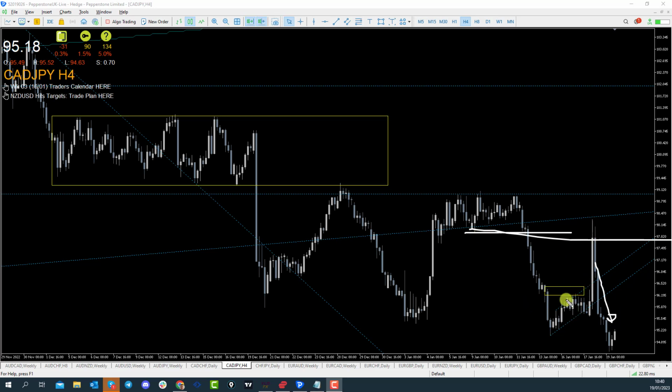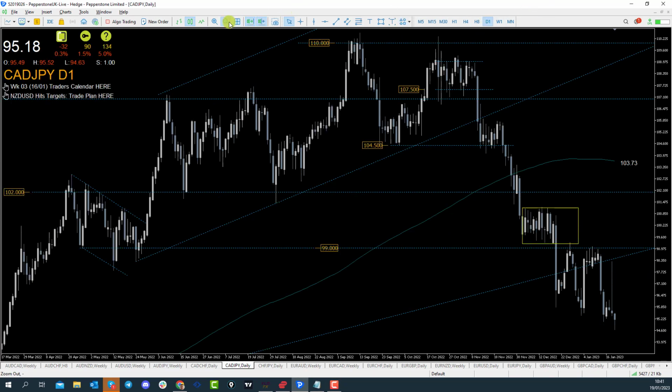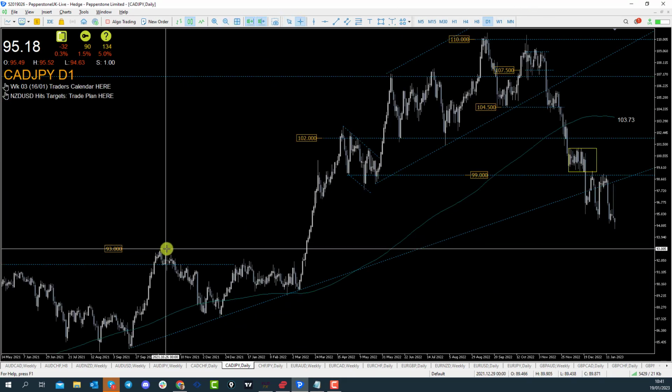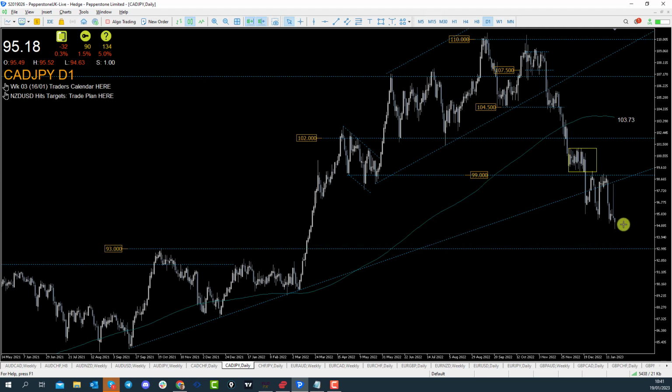We broke through the bullish channel that we had outlined, price rejected and continued to the downside, and now we're trading below the 95 handle. It could signal some further downside for this price due to the fact that we're expecting the 93 level to be tested. So keep your eye on CAD Yen as well. Could be breaking to the downside there.